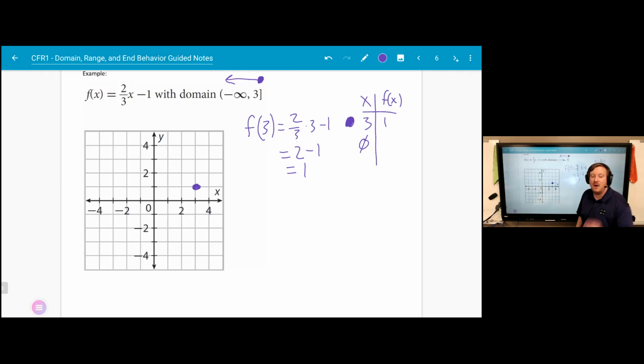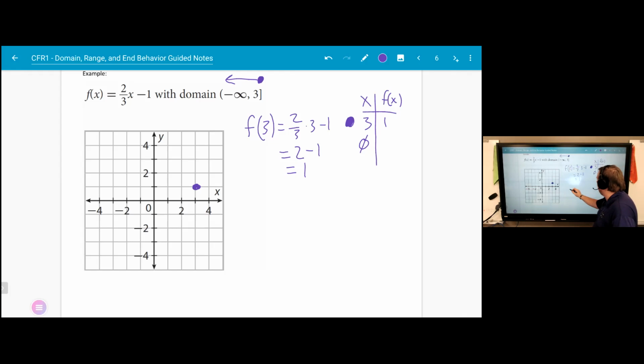Okay. But again, what we're not going to do is make this 0 an endpoint, right? We just got to draw through this thing. We just needed another point, because you have to have 2 points to define a line or a line segment or a part of a line.